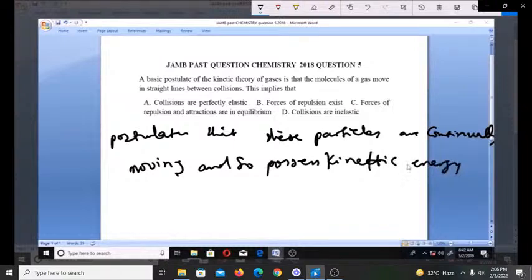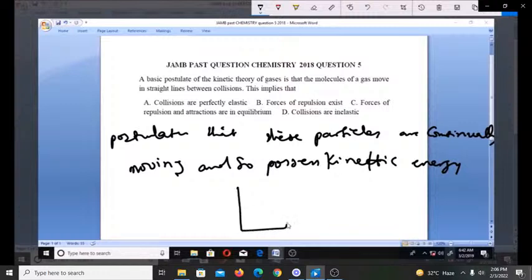According to the assumption of kinetic theory of gases, they move in a straight line between collisions. The gas molecules will collide with one another and with the walls of the container.